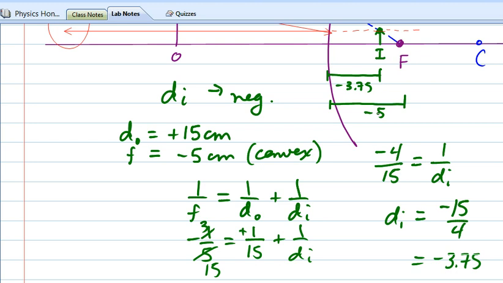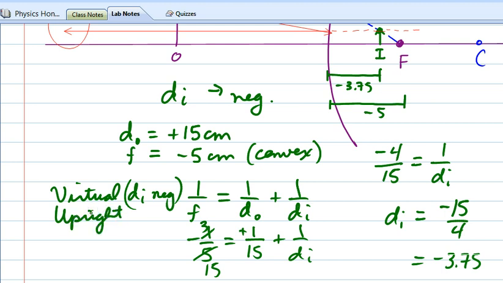convex mirror, you get a virtual image. Notice that first of all, it's virtual because DI is negative, and it's upright, and convex mirrors make for reduced image size.